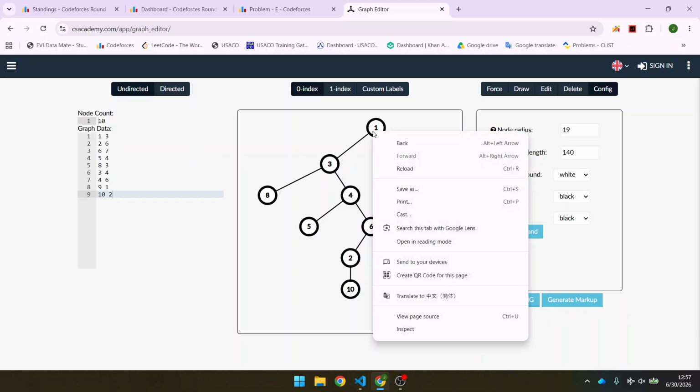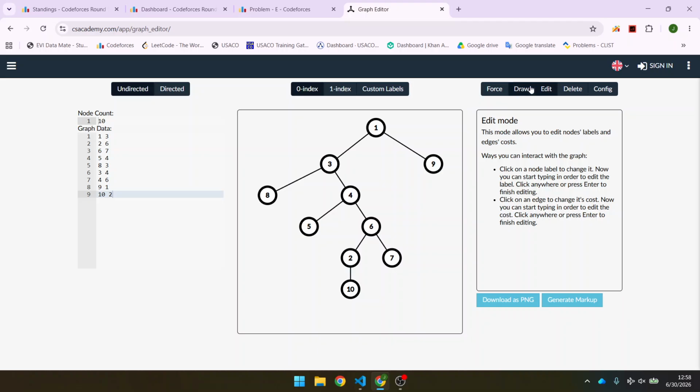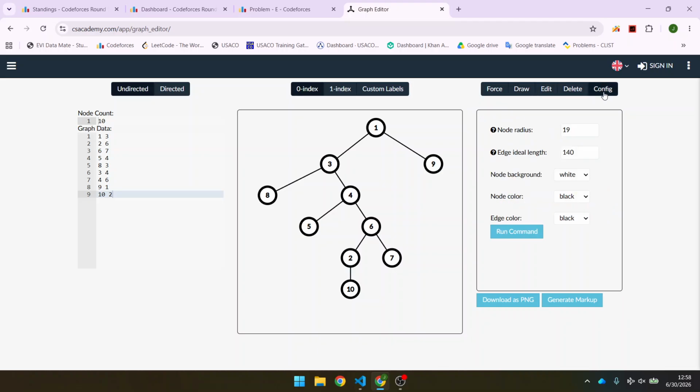If you choose nodes 5, 4, and 6, right? 5 or 6 works because, okay, so 5 to 4, well, 5 times 4.